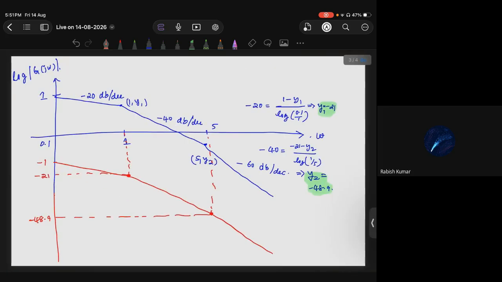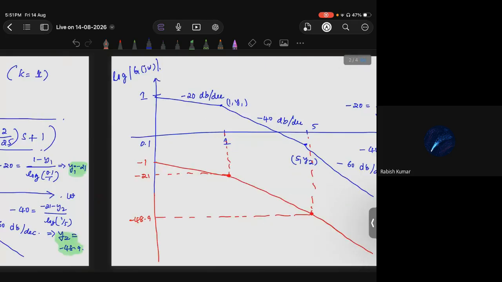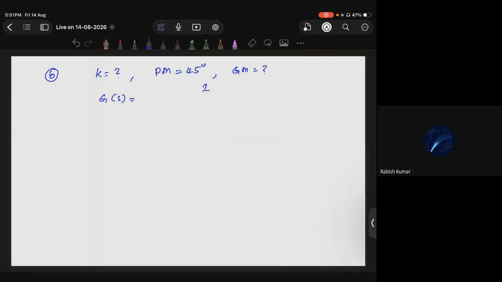G of s is this function: 1 by s multiplied by (1 plus s by 5) whole square plus 2 by 25s plus 1. Correct.